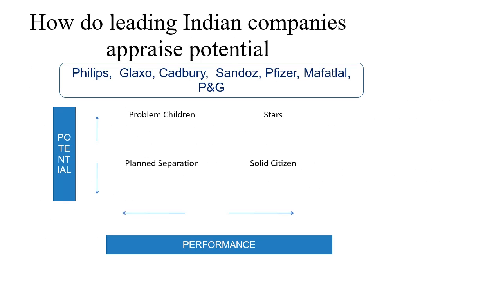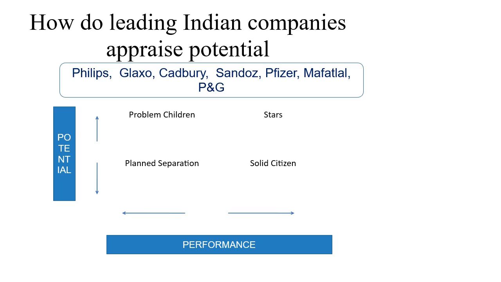Appraisal in leading Indian companies like Philips, Glaxo, Cadbury, Sandoz, Pfizer, Mafatlal, Procter and Gamble. They identify the performance of the employees and put them into the categories which are being put forth here. One is planned separation, solid citizen, stars, and problem children.